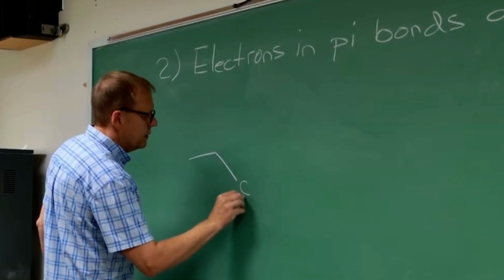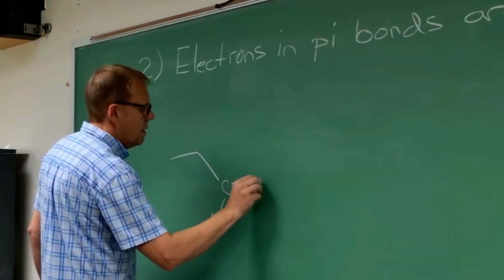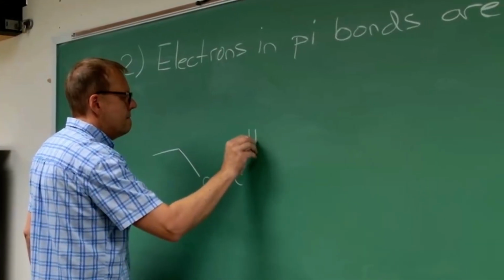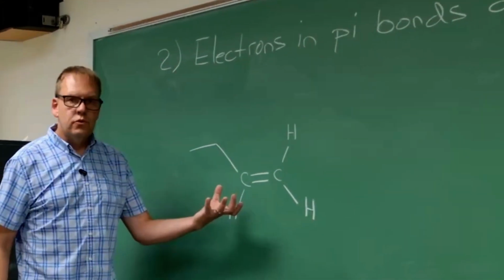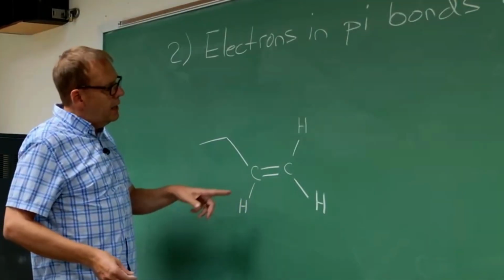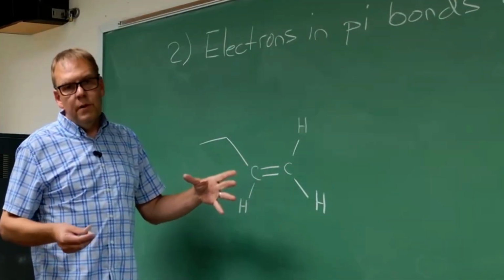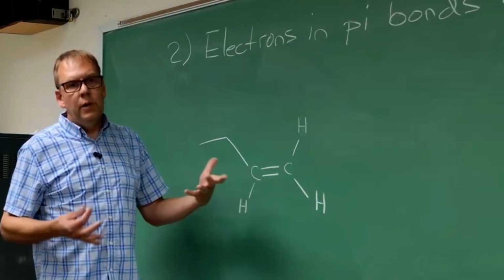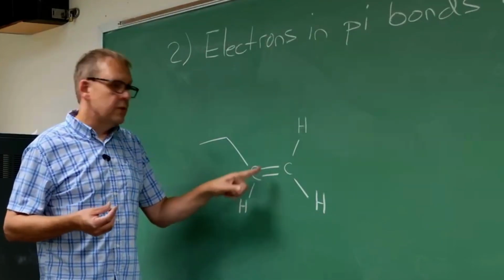This molecule contains a carbon-carbon double bond. And this is a neutral molecule. It has no charge on it yet. The double bond here is 4 shared electrons. So if you remember, the structure of a double bond contains 2 different kinds of bonds. There's a sigma bond and then there's a pi bond here.